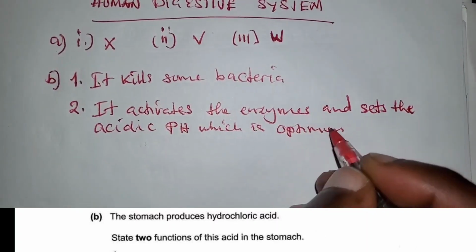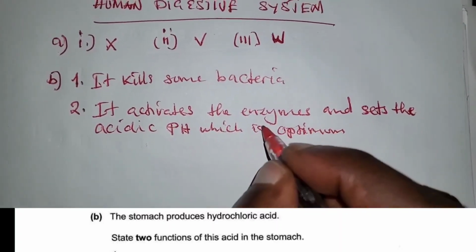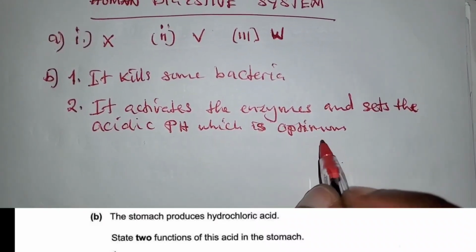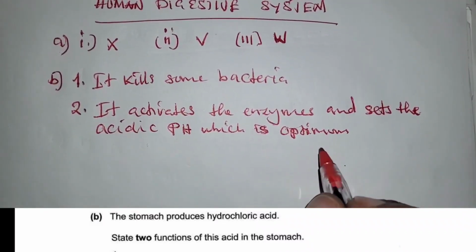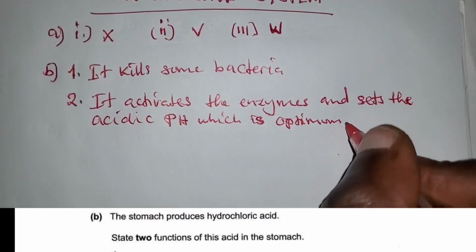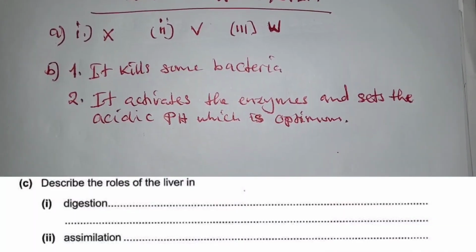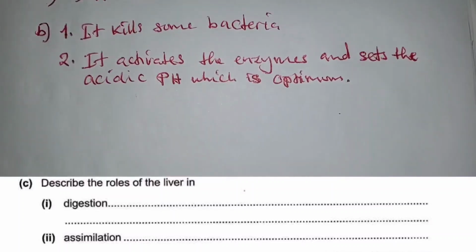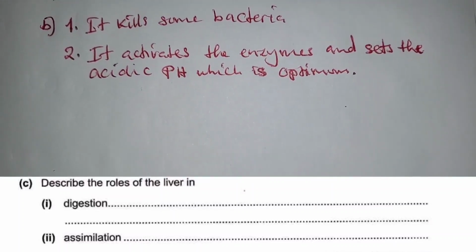Remember, the word optimum means suitable. So optimum pH is the suitable pH at which an enzyme works best. Optimum temperature is the temperature at which an enzyme works best. Let's go to the next question, which is question C.